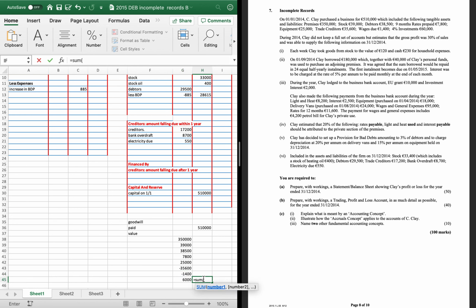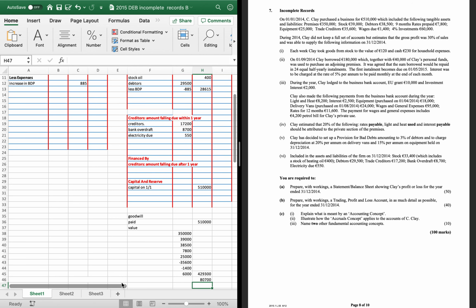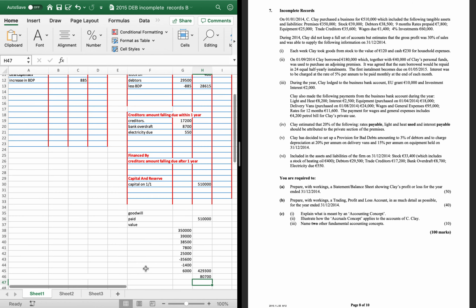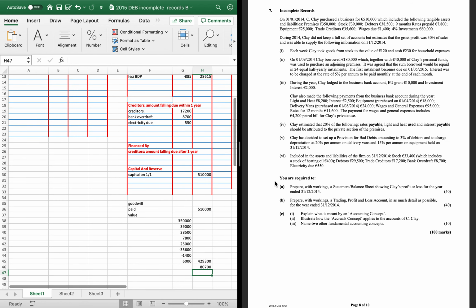So the value of the business then is 429,300. So the goodwill is 80,700. I definitely left something out. That's way too big. So let me just check those again.